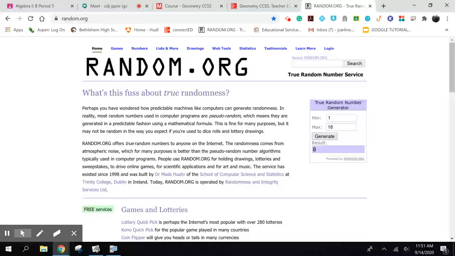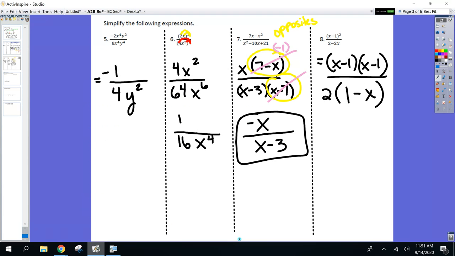Here we go. 8. Colin, back to you. Is anything the exact same on the top and bottom so I can cross it out? Anything the exact... What? Minus 1.